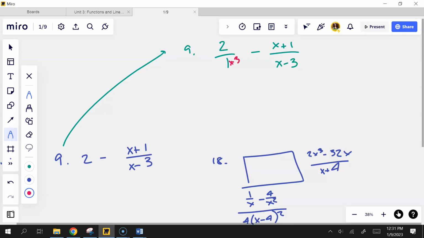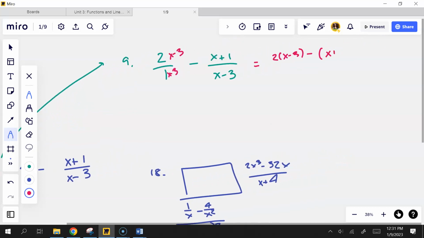This is the only one that needs anything. So I end up with 2 times x minus 3 minus, here's where you have to be careful, because it's minus everything in that second fraction over x minus 3. So I'm going to have to distribute that negative through. So I end up with 2x minus 6 minus x minus 1 over x minus 3.